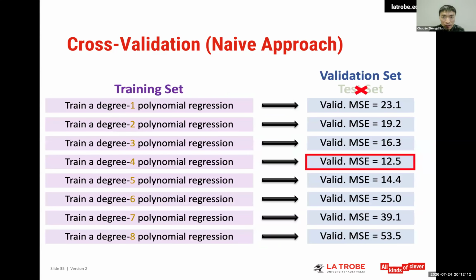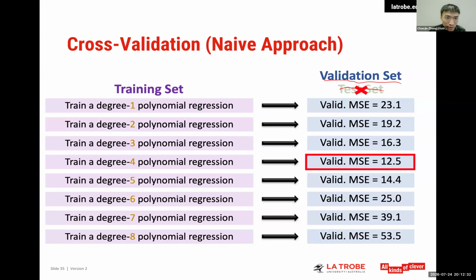So in this case, we are not using the testing dataset to generate those error scores. We are using the validation set to generate those error scores.